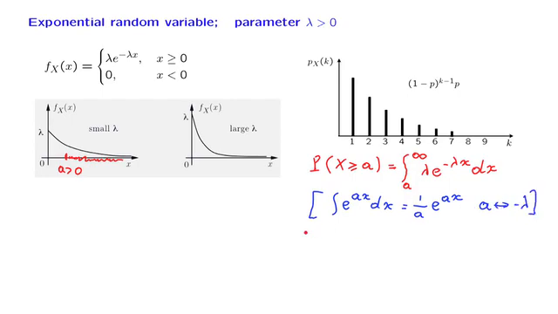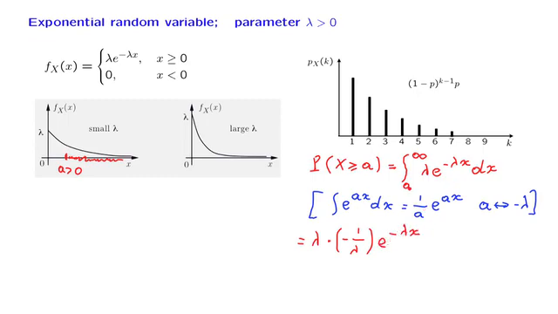And using this correspondence, we can now continue the calculation of our integral. We have a factor of lambda, and then a factor of 1 over a, where a stands for minus lambda. So we get a minus 1 over lambda. And then the same exponential function, e to the minus lambda x.